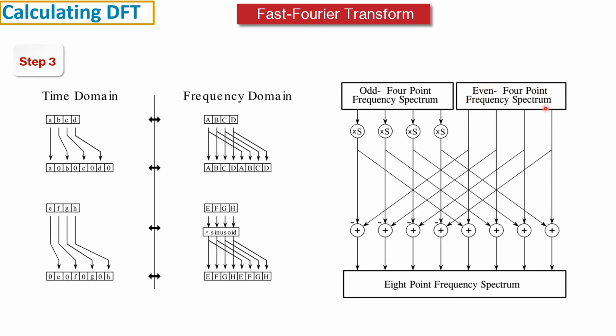So even ones without multiplication with sinusoid waveform but with duplication, and the odd points after multiplication with sinusoid and then duplication, okay, then they are added together, okay, to form one 8-point frequency spectrum, okay.